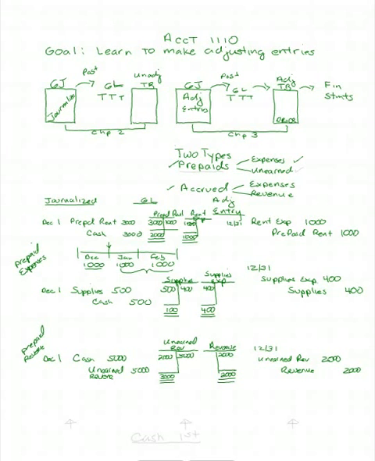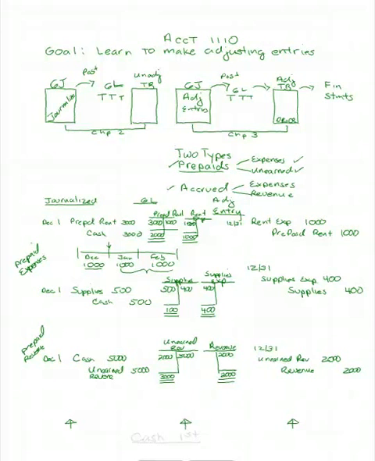So I have looked at my two types of prepaids now. I have looked at expenses and unearned. I have looked at the entry where I originally journalized the transaction so you could get a handle on what's in the general ledger. Then I made my adjusting entry and posted it so you could see how the general ledger would look when it was all said and done.